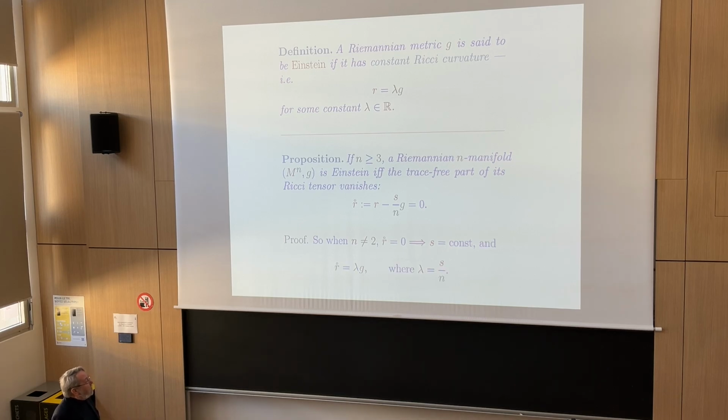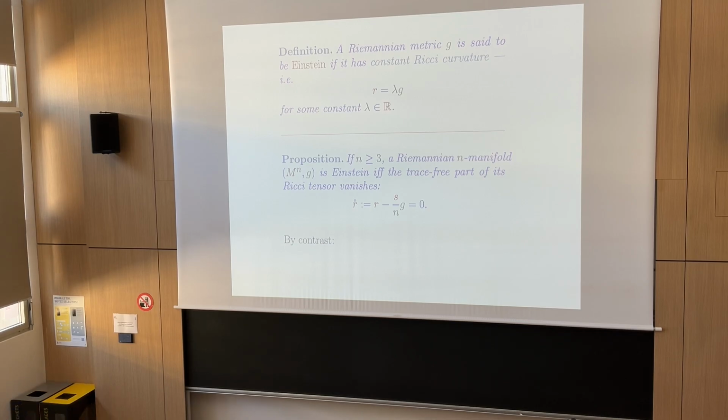Of course, that goes back to plugging in that S is constant, and defining lambda to be the scalar curvature divided by the dimension. You go back and find that your metric is actually a solution of this Einstein equation.